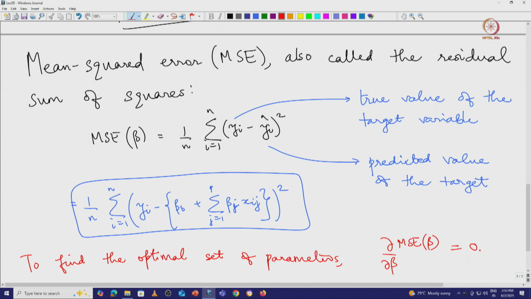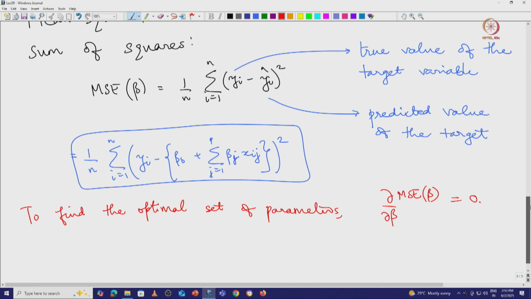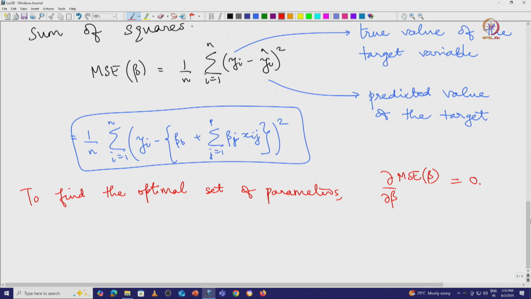And you have to do this for every beta j that exists in the model. And obviously this only guarantees an extremum, for any extremum.